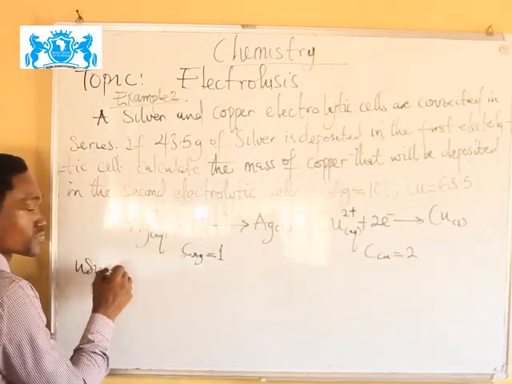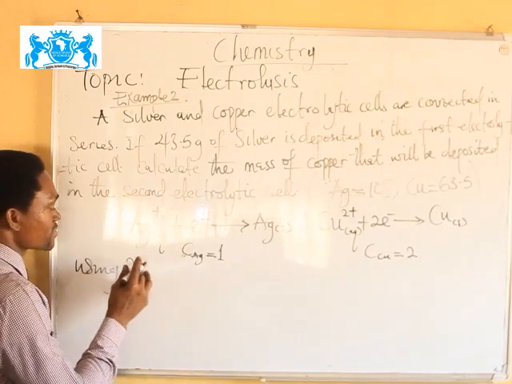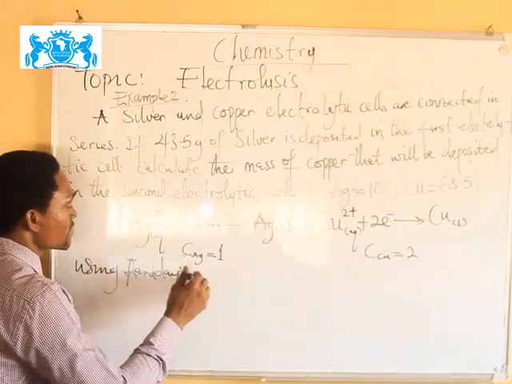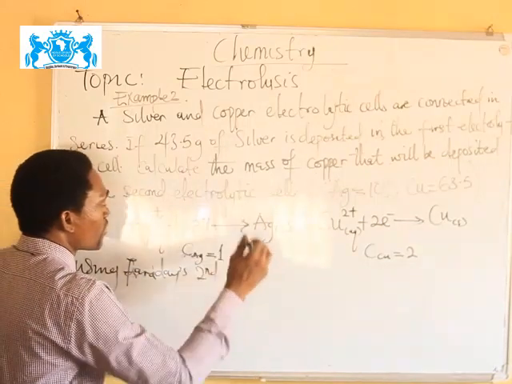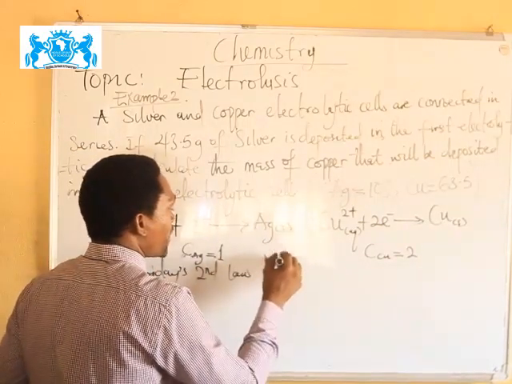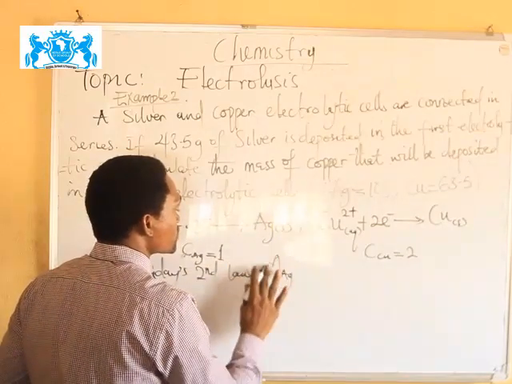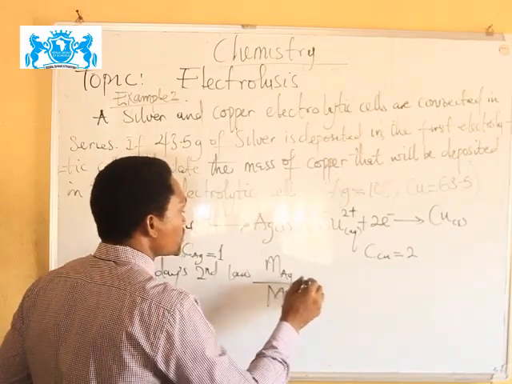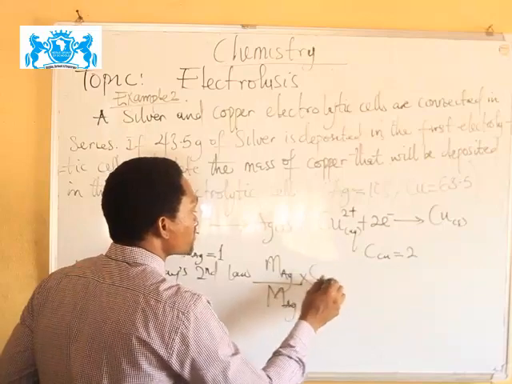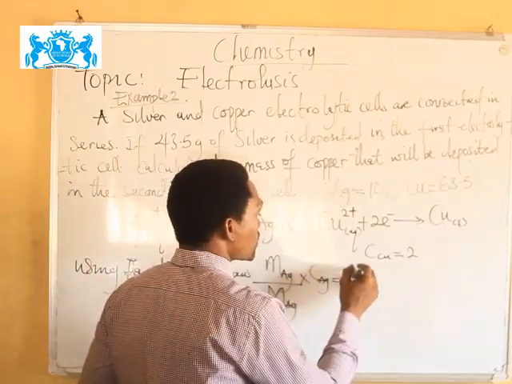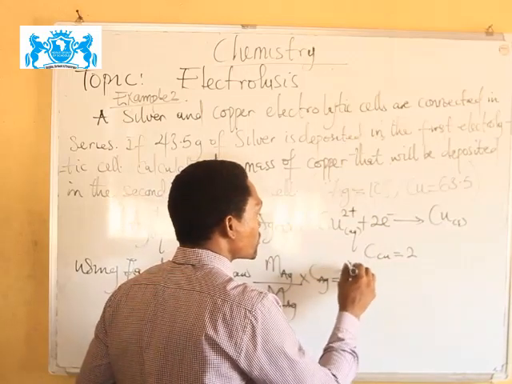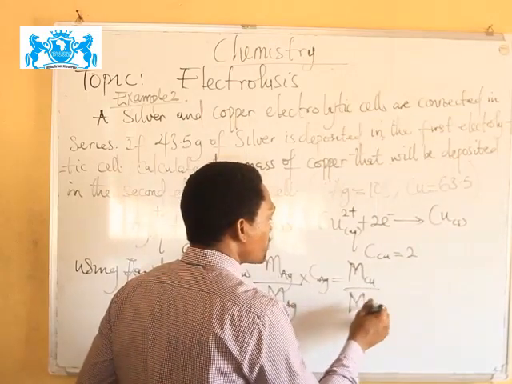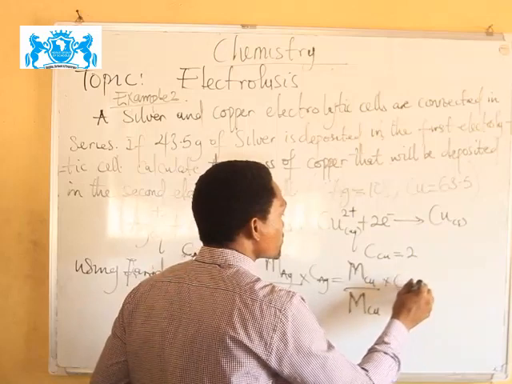Now, using Faraday's second law, we have m(Ag) over the molar mass of Ag times C(Ag) is equal to small m(Cu) over capital M(Cu) times C(Cu).